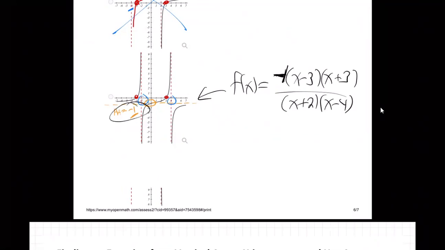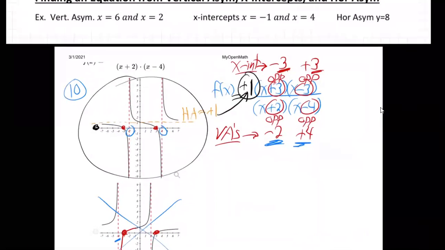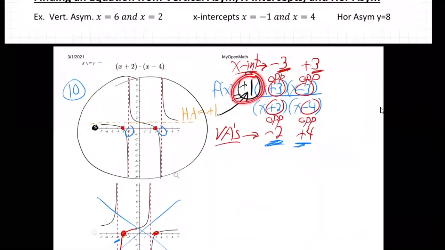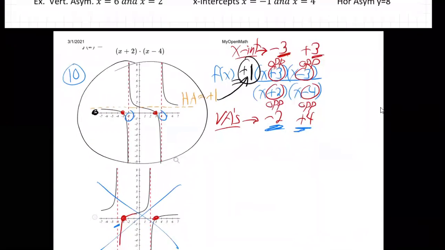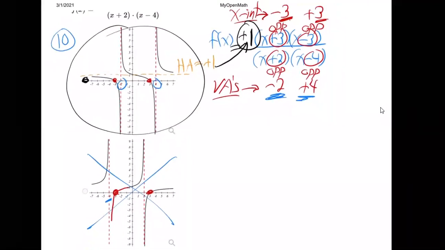That would be that kind, but that's not what they gave us. They gave us nothing in the front, which means plus 1, which means the horizontal asymptote is 1. So remember, the horizontal asymptote is the number in front of the equation. Remember what we learned about horizontal asymptotes? It's the numbers in front, 1 over 1, 1. Horizontal asymptote is 1. That's the right graph. There we go.